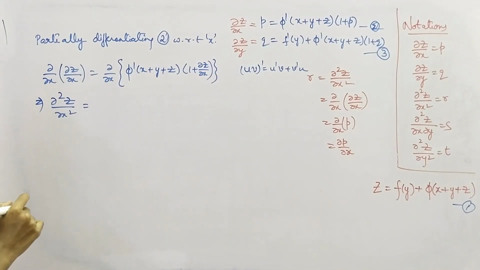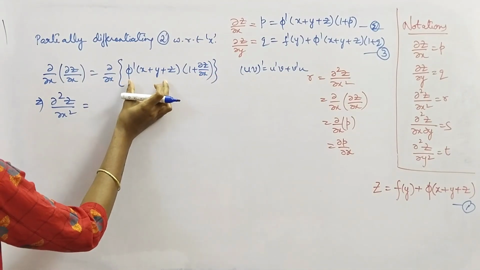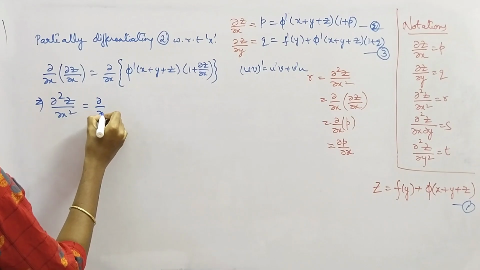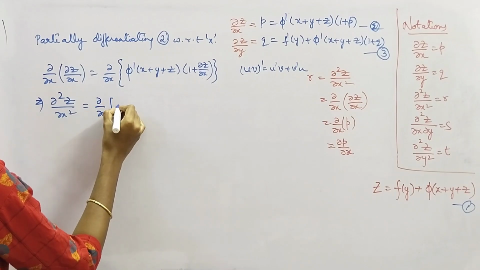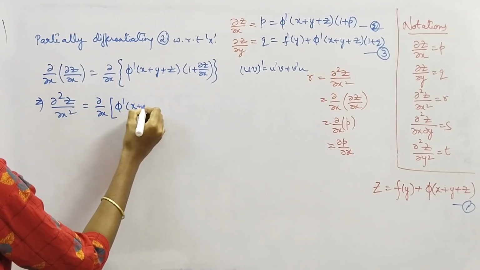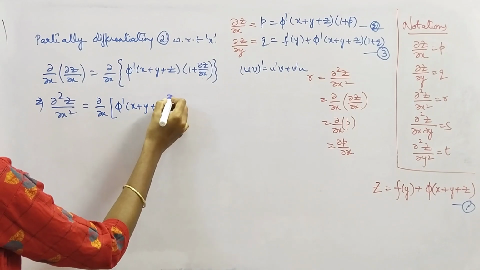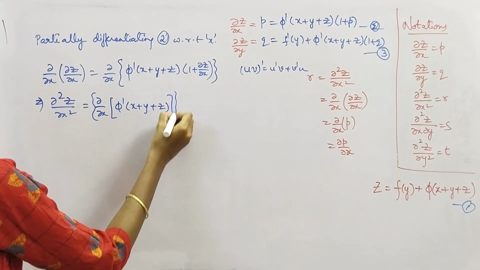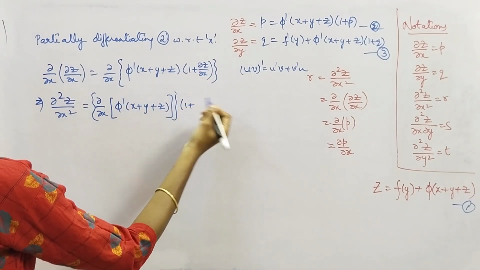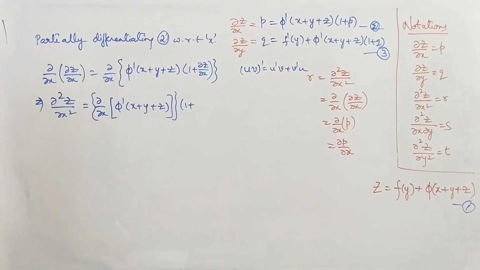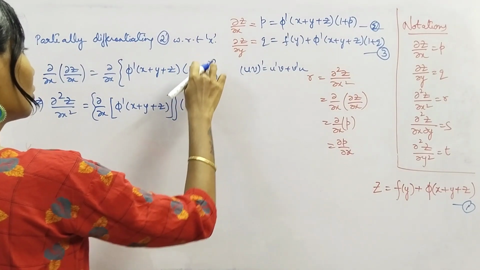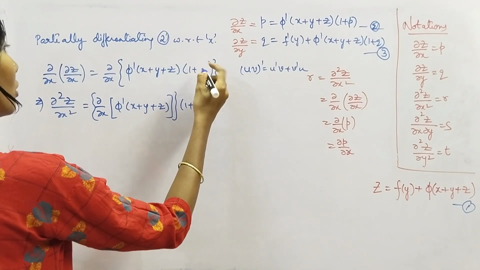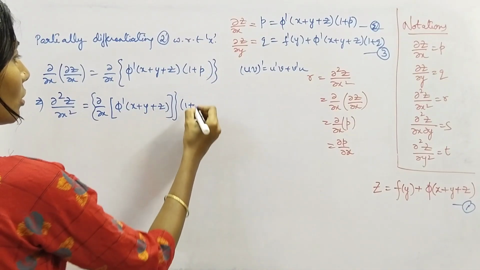Okay, fine. Now you can write this as partial derivative of first term into 1 plus p. Let's write 1 plus p here. We can change this later as dou z by dou x.